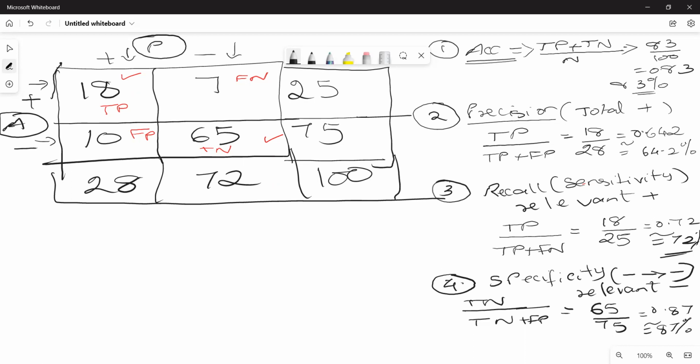And then we have the last measure, which is known as the F1 score, which is a harmonic mean of precision and recall.